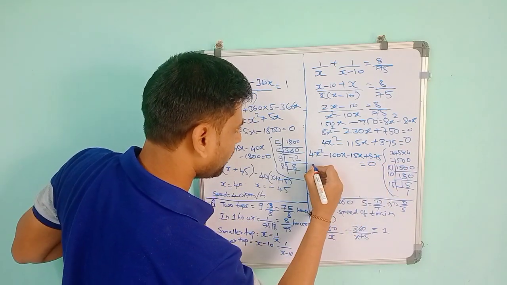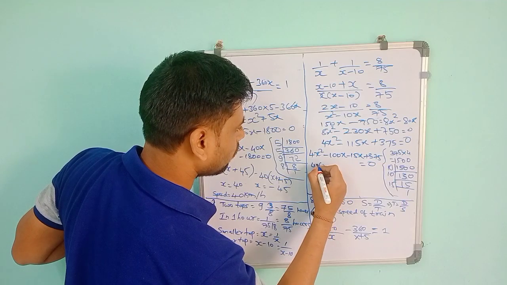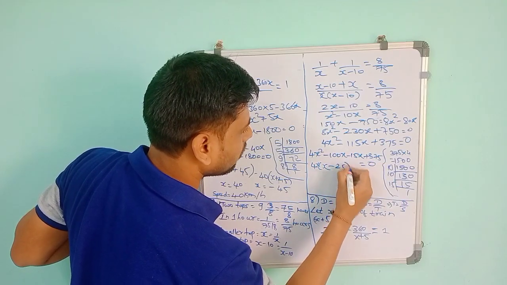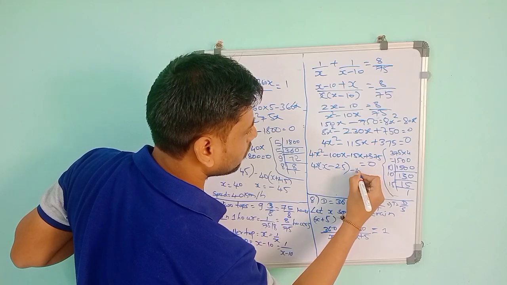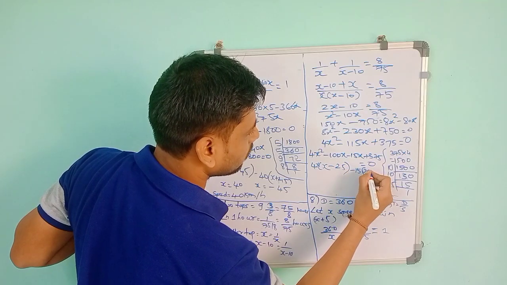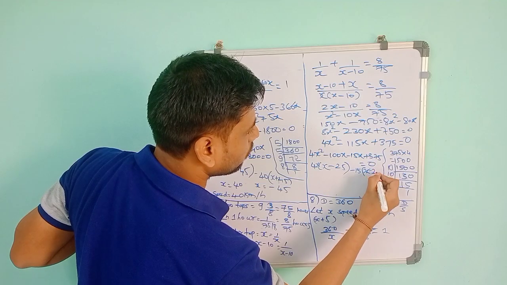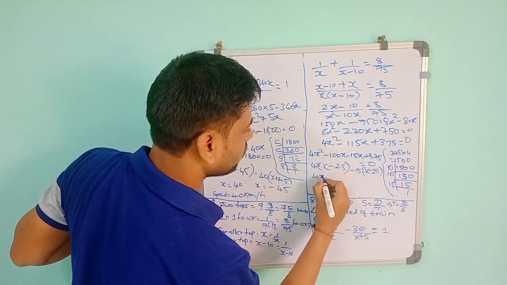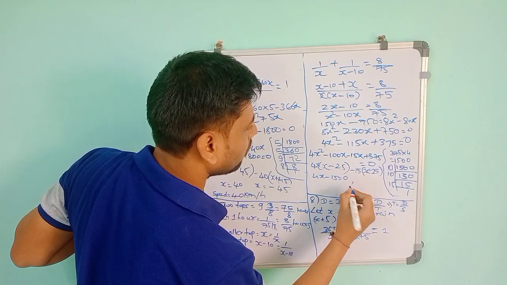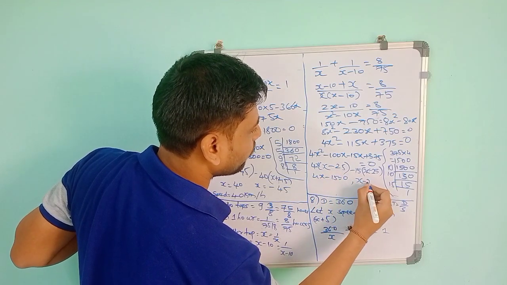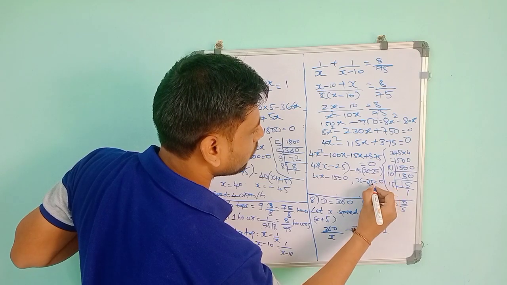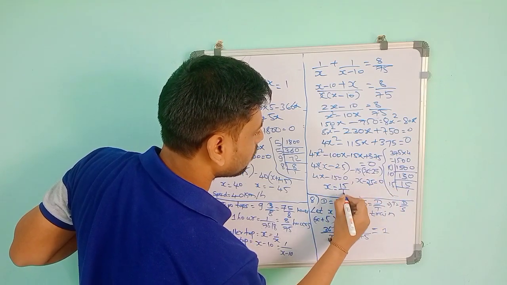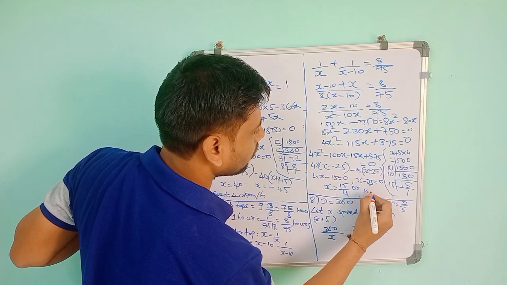Then you take 4x common: 4x into x minus 25, minus 15 common, x minus 25. So 4x minus 15 is equal to 0, and x minus 25 is equal to 0. So x will become 15 by 4 or x will become 25.